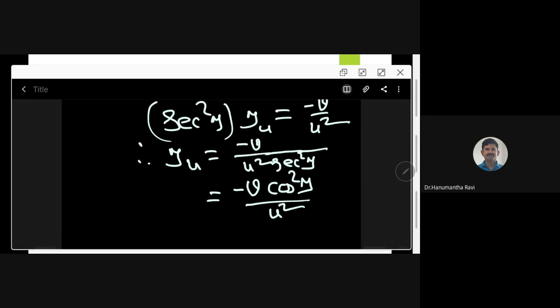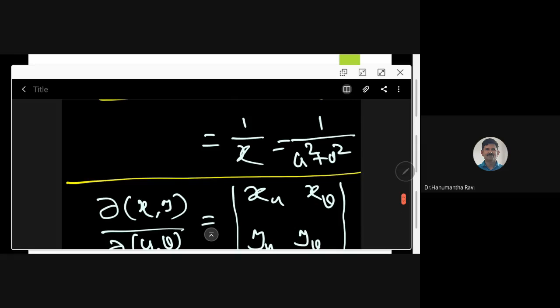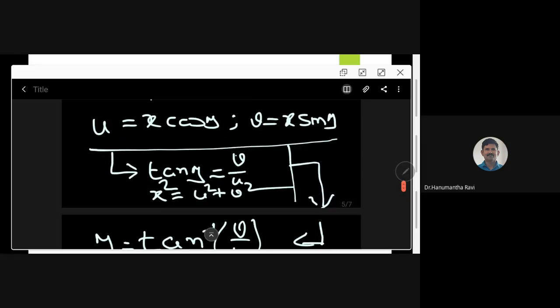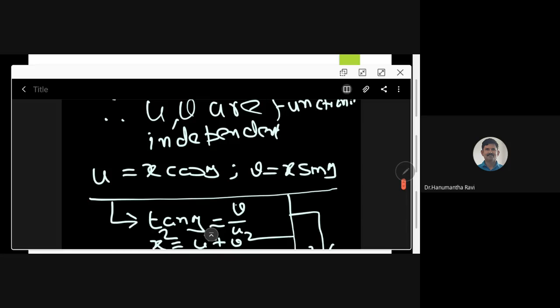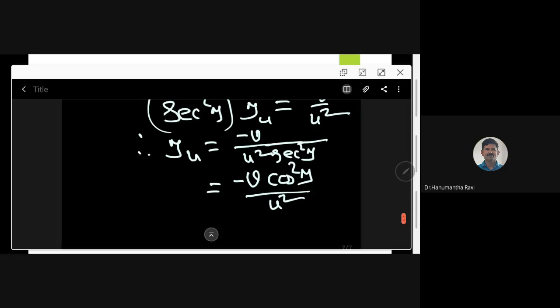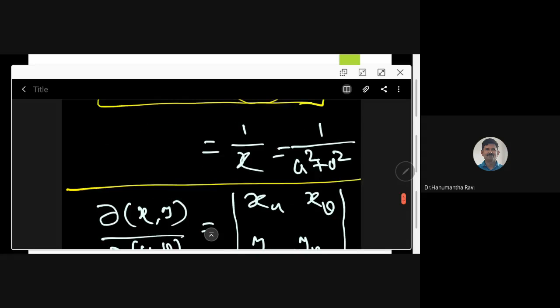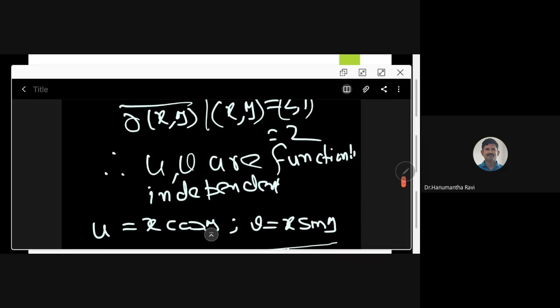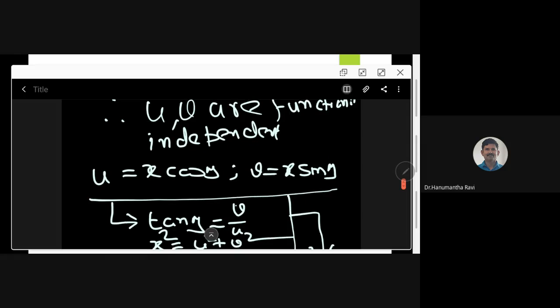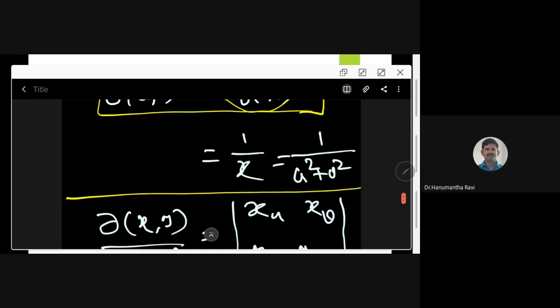But look at the relationship here. What is cos y? Cos y is u by x. When cos y is u by x, cos square y is u square by x square.